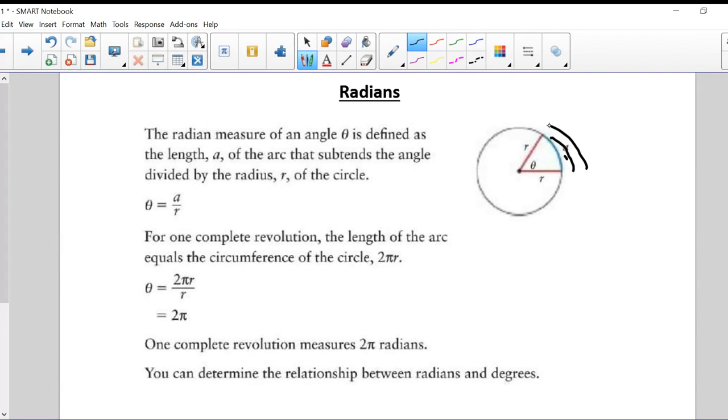If I were to go 6 centimeters, that's 2 radians because that's 2 radius or 2 radii, I guess, right? So you're measuring the angle at the center in terms of the length of this arc and asking how many radii am I going around the edge of this circle, right? If I go 1 radius, then that's 1 radian. If I go 2 radii, then that's 2 radians, and so on and so forth.